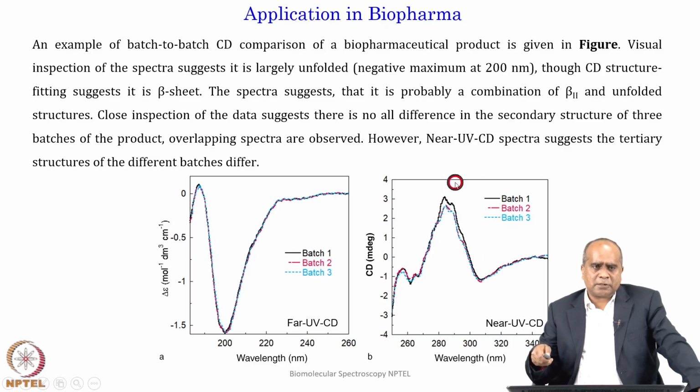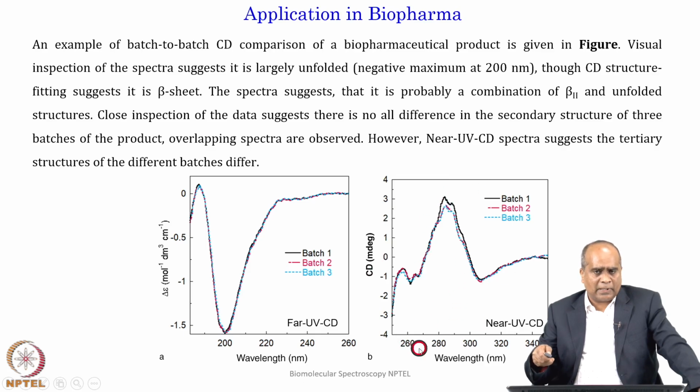The tertiary structure of the 3 batches is different, while the secondary structure is not that different. That means you still have to work on this and make the batches similar, and only then will it pass. This kind of extremely simple experiment tells you what can go wrong and what you need to fix before you release the batch.